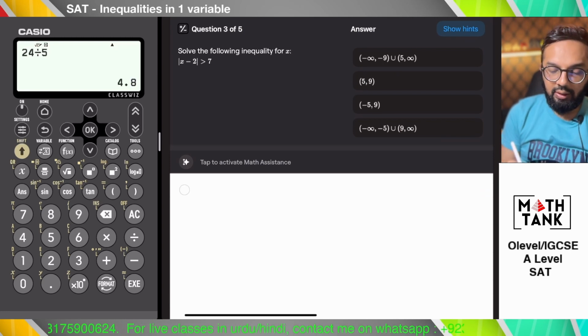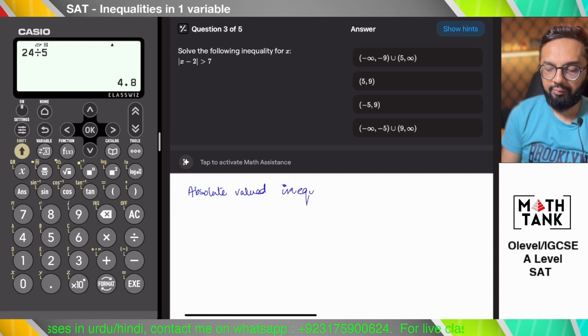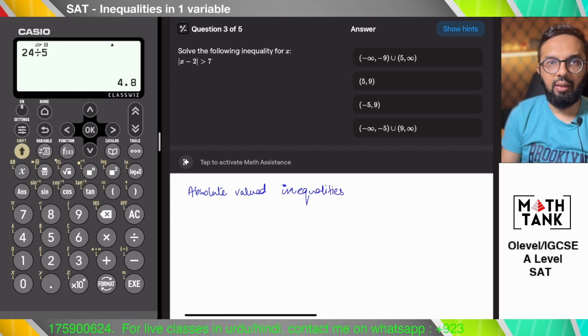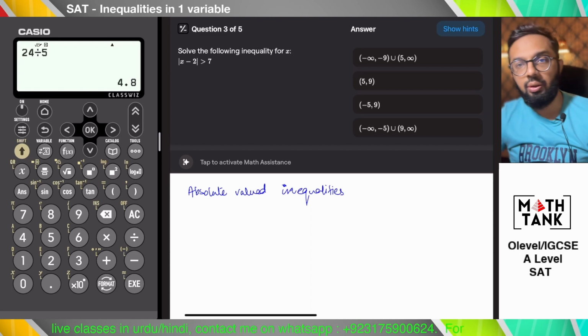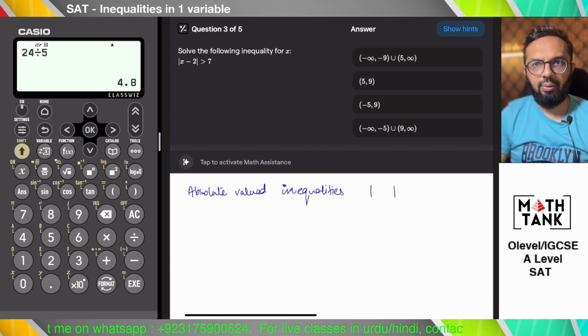Now these are what? These are absolute valued inequalities. There are two ways of solving absolute valued inequalities. I'm going to demonstrate the easier way right now. Okay, and I'm going to tell you that the modulus of x minus 2 is greater than 7. So whenever you remove this sign called the modulus, there are two possibilities that always generate.